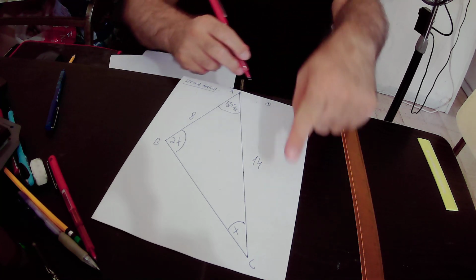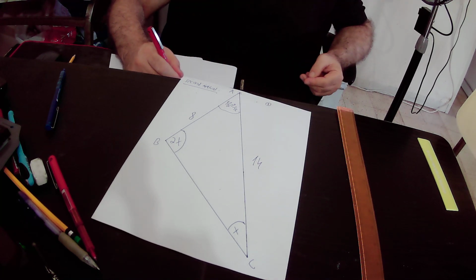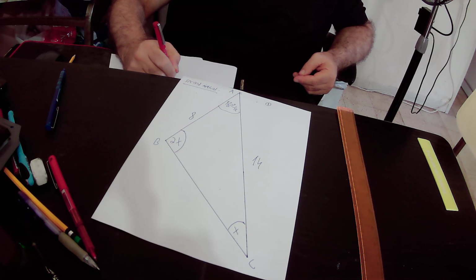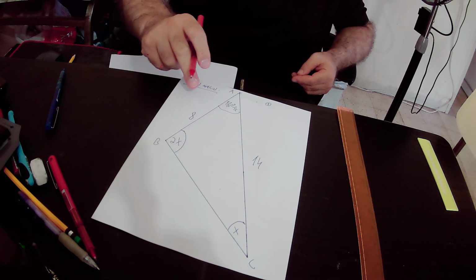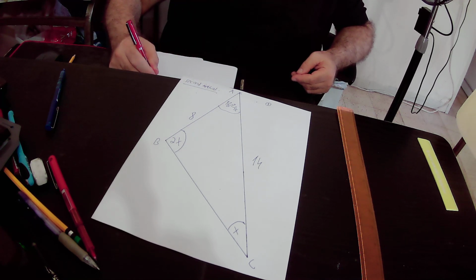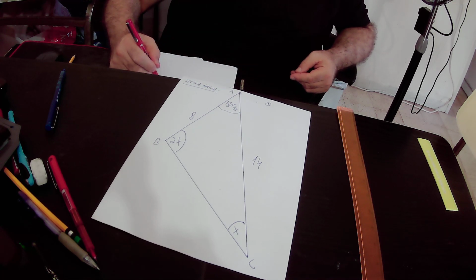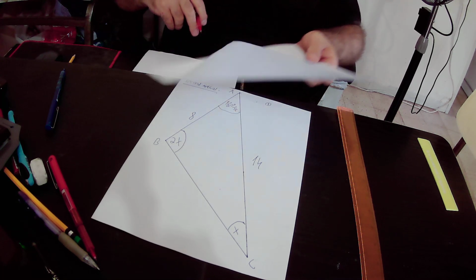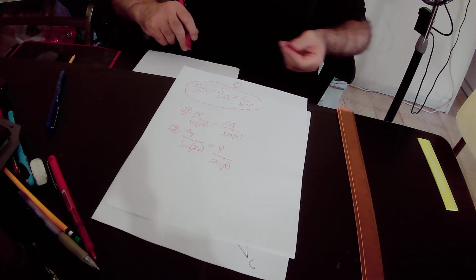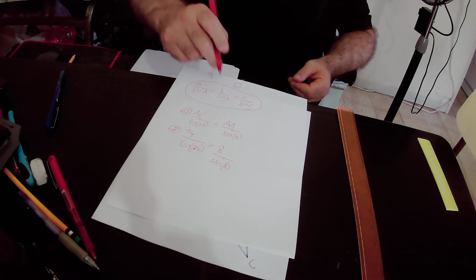The value of AC equals 14 units. So 14 over sine 2x equals AB over sine x. What is the value of AB? AB equals 8 units. It is given to us in the question. So in total we got that 14 over sine 2x equals 8 over sine x.